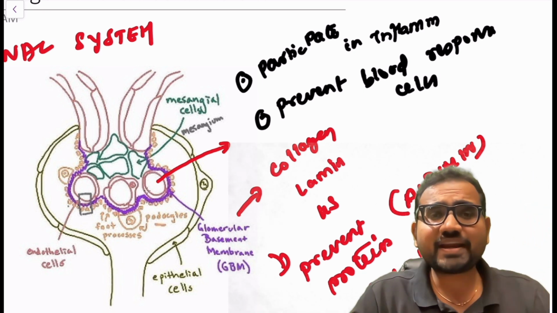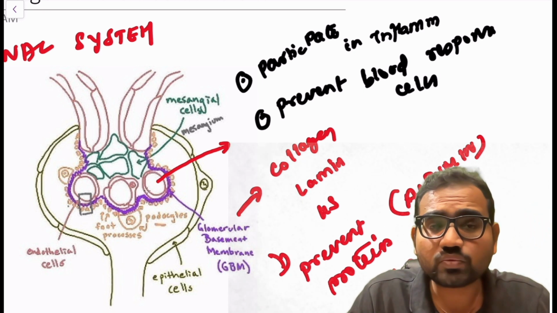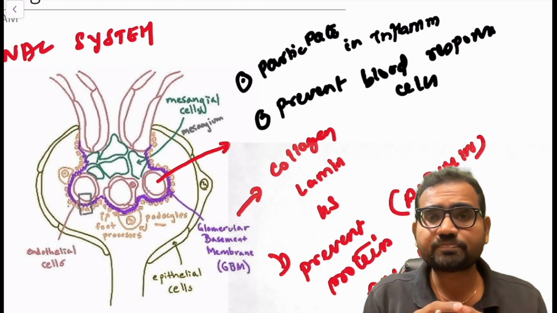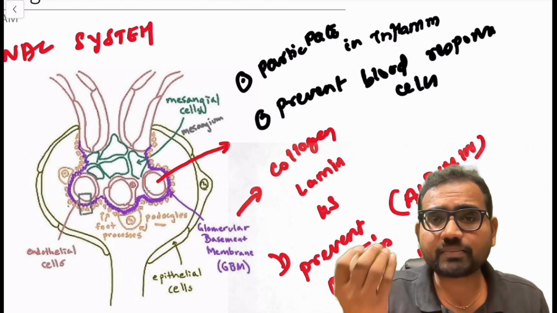So am I right in saying that any damage to the endothelial cells is going to result in what is called hematuria? So glomerular basement membrane destruction causes proteinuria, and endothelial cell destruction is going to result in hematuria.